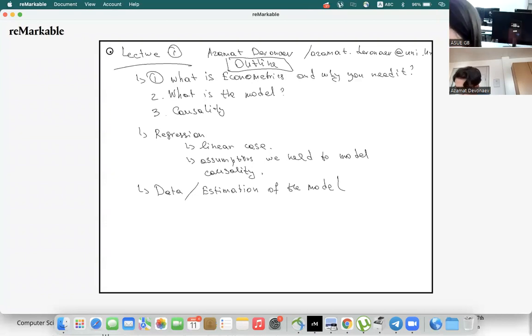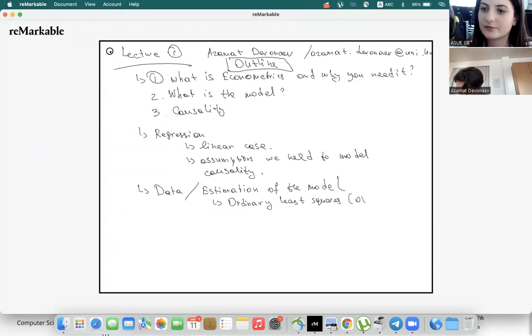What we are going to see in this estimation is the particular case, which is called ordinary least squares. And after deriving these estimates, we will examine some properties of the estimates.